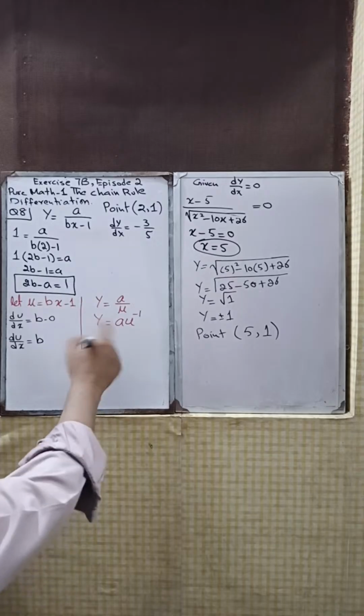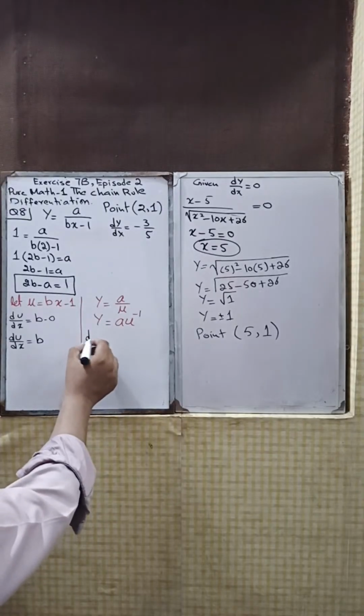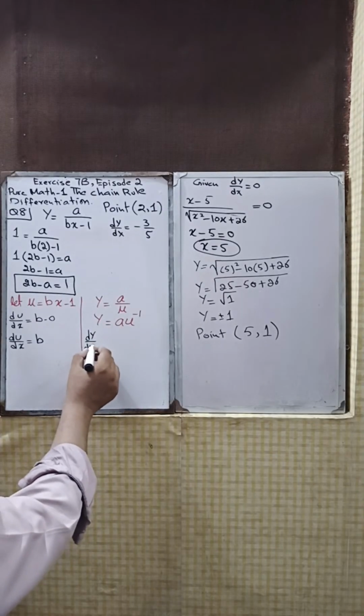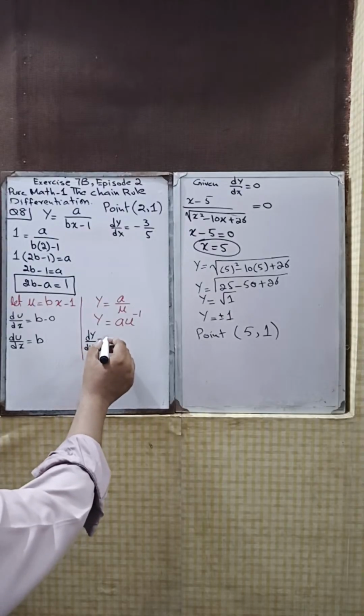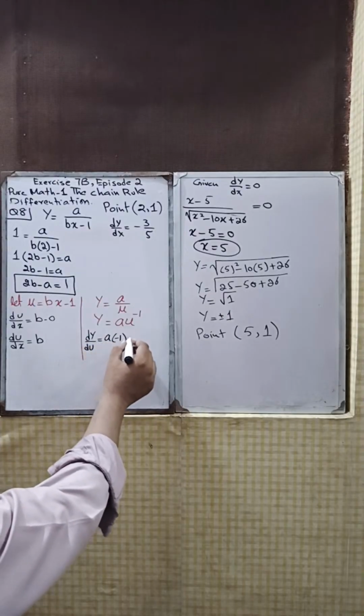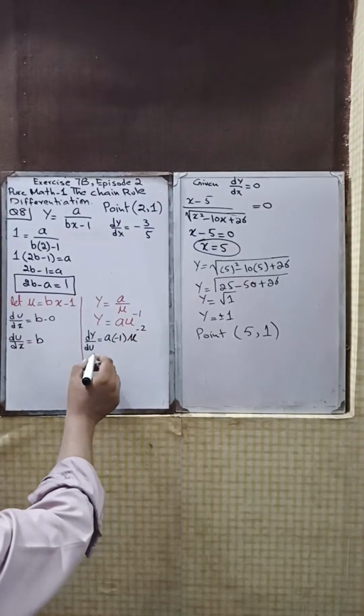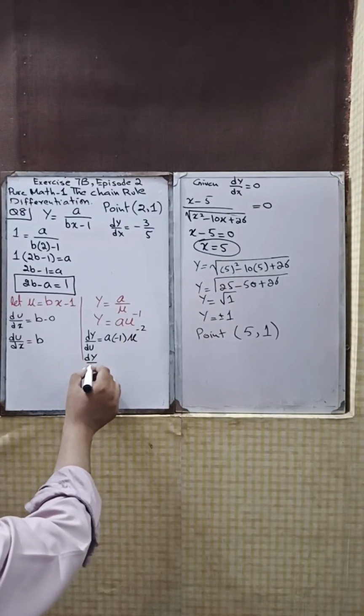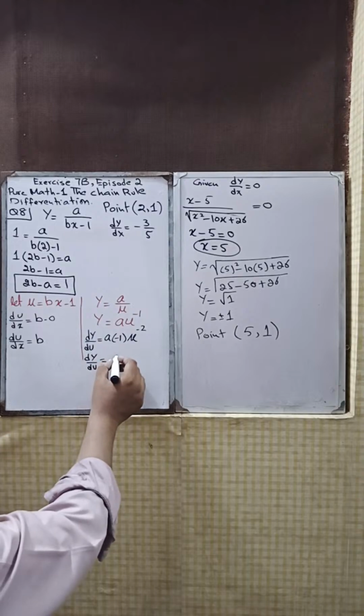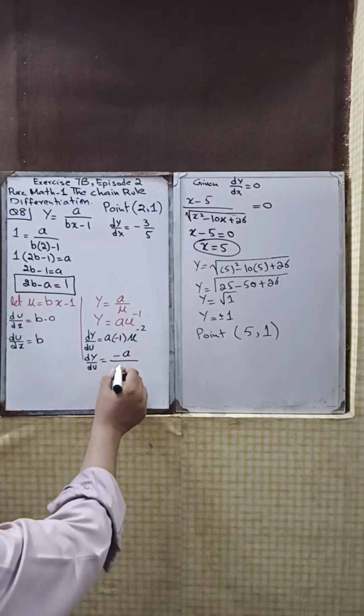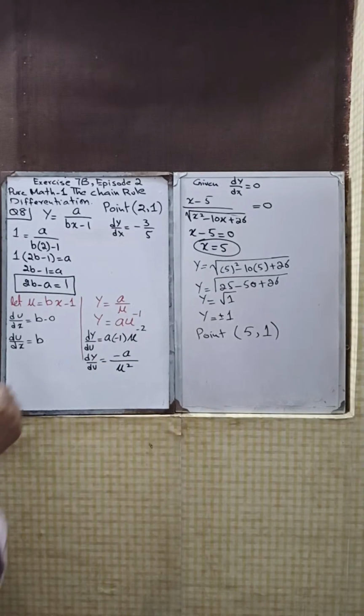Here dy by du will be equal to a into minus 1 u raised to power minus 2. So dy by du will be equal to minus a divided by u squared. Then I will apply the chain rule.